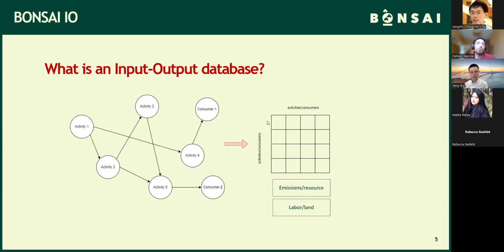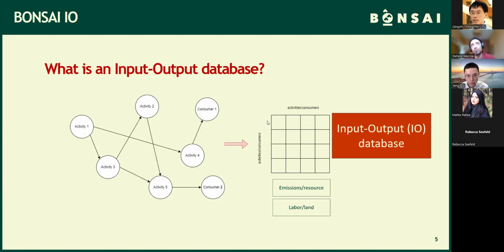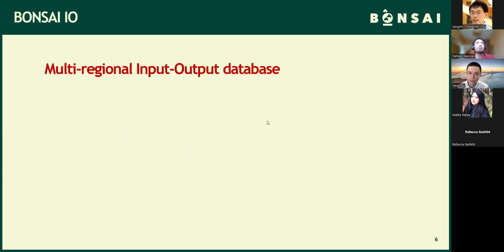Of course, you can also have the exchanges between the technosphere and the biosphere. So you have emissions and resource extraction, but you can also have the social sphere, or the use of labor, or the use of land. All this information can be structured in a matrix, and this is exactly what an input-output database is. So it is only a different way of collecting and structuring the data.